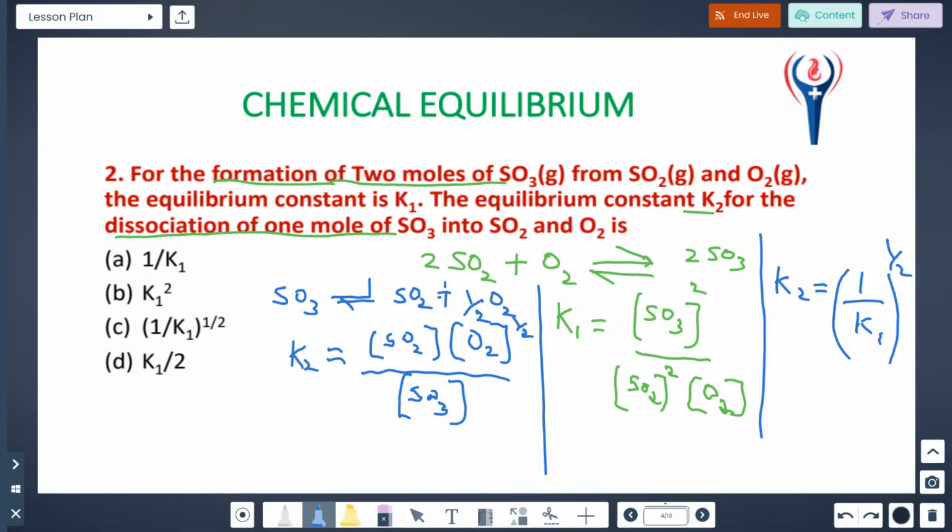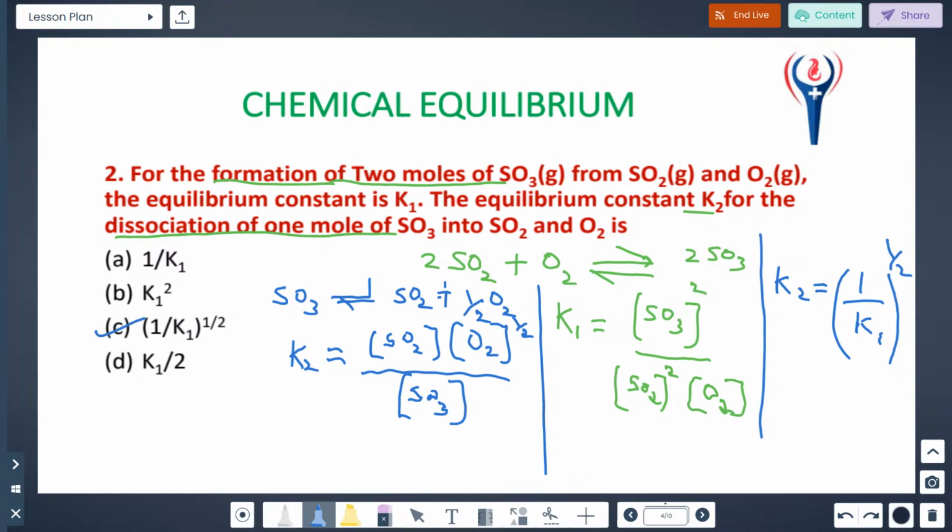If you take the square root, the power 1 by 2 comes. So when you compare the two equilibria, K2 will be the square root of 1 by K1. So the answer is C, the correct answer.